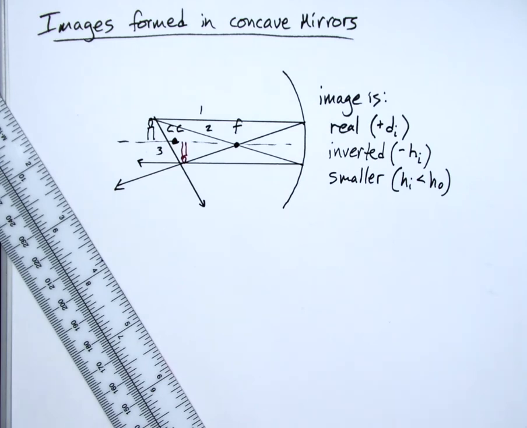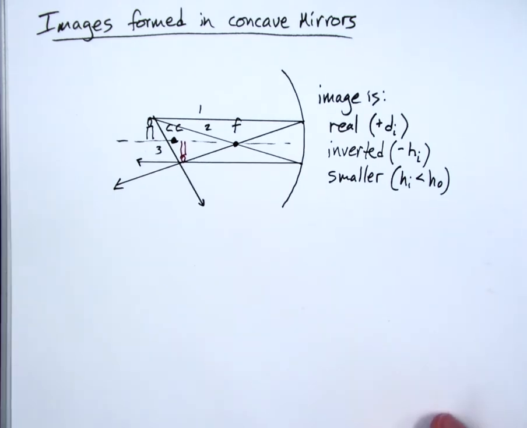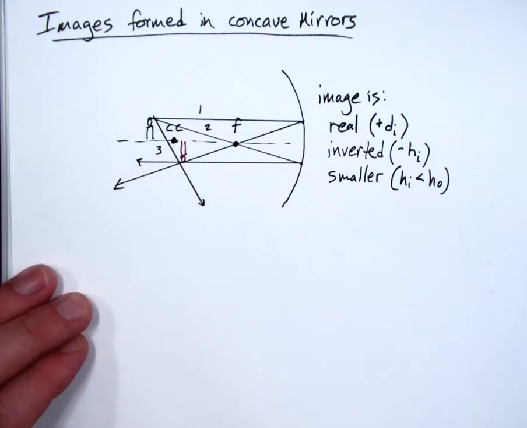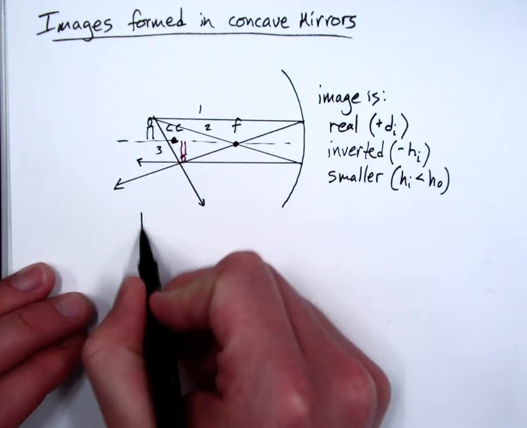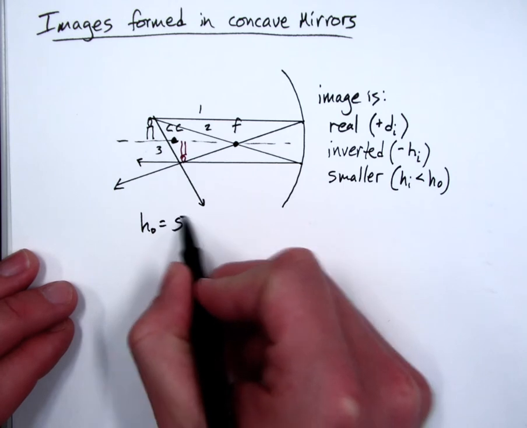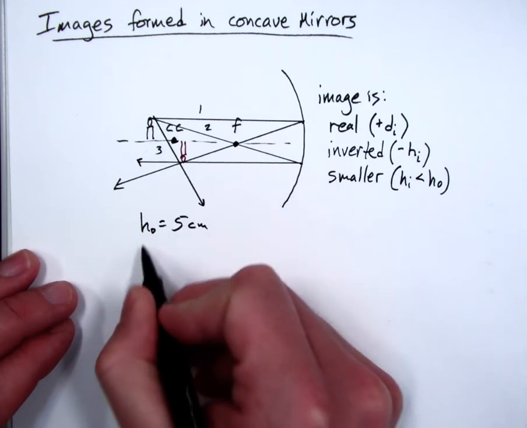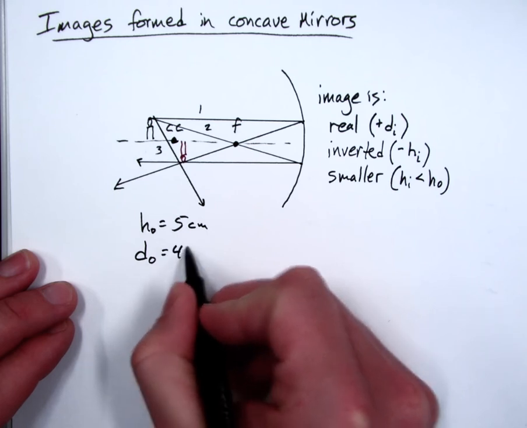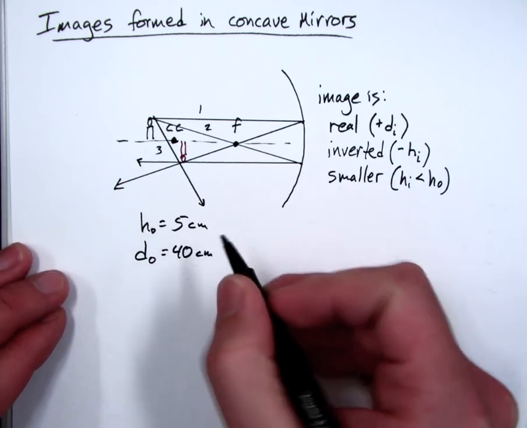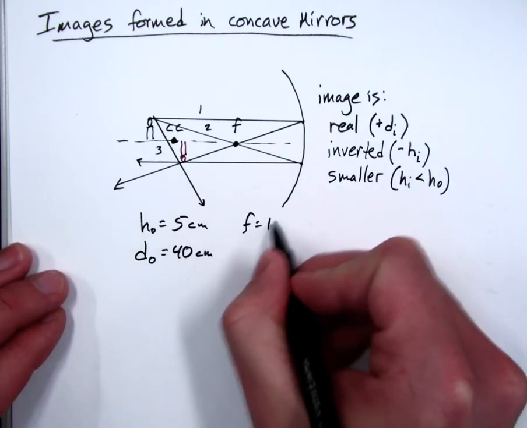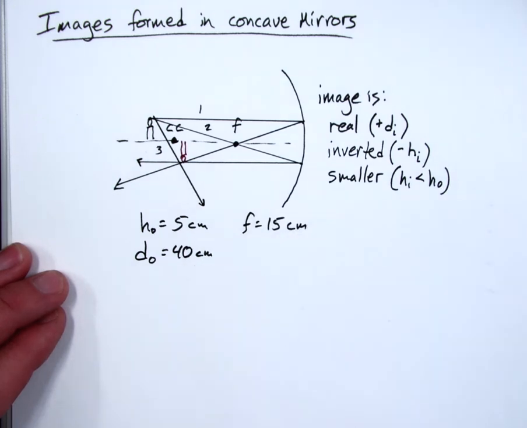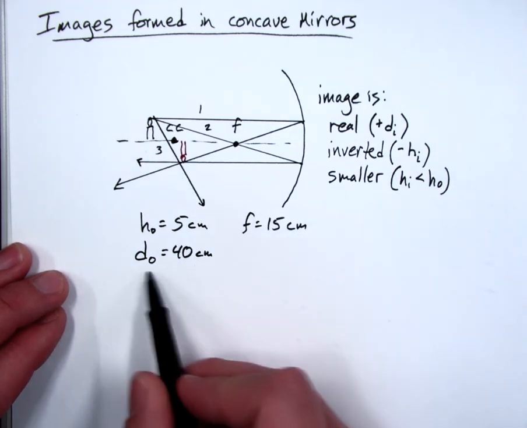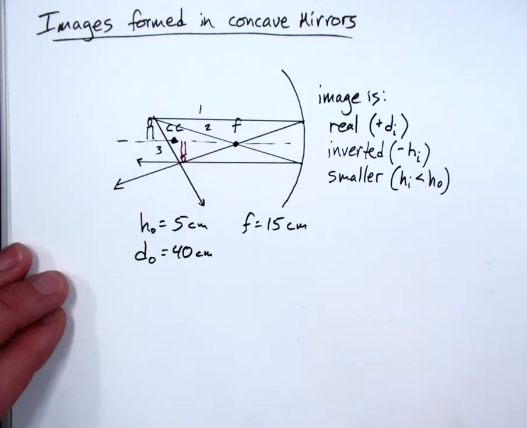Okay. Now I can also find this mathematically. If I imagine that my candle has a height of 5 centimeters, has a distance away from the mirror of, let's say, 40 centimeters, and the focal length of this mirror is 15 centimeters, then I can calculate where the DI should be, and later I can calculate what the HI is.